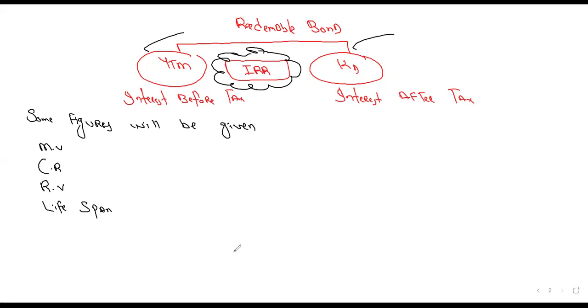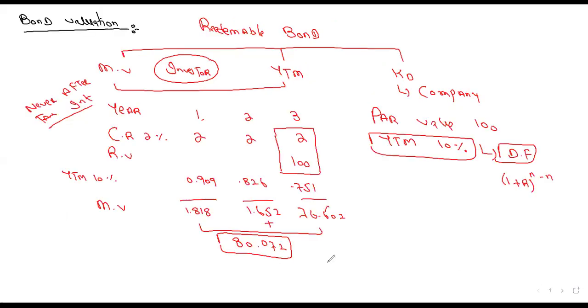Let us try. Let us assume that in this example, we do not know the YTM. YTM we have to find. We have been given the lifespan of the bond is 3 years. The coupon rate is 2%.